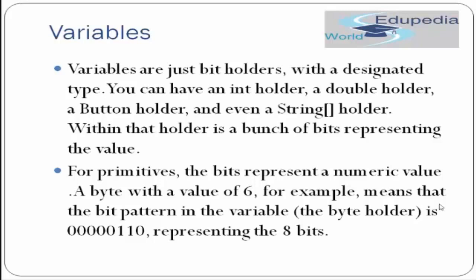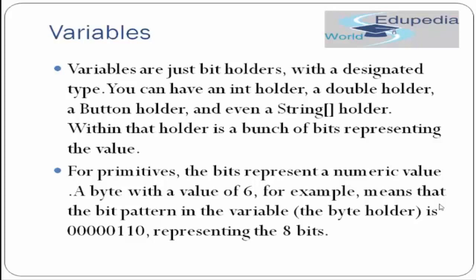Well, button is a user-defined class, so you can say it's just any class that the user has defined. And even a string holder. An int holder will include only int values. A double holder will include only values of type double, and so on. With that, a holder is a bunch of bits representing a value.